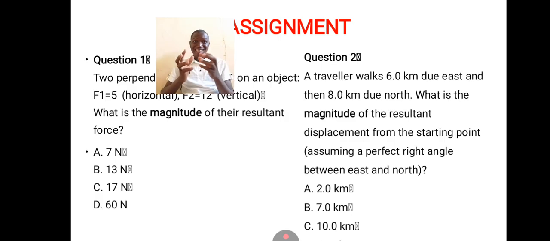They may decide to use north and south, east and west. That's why I just want you to understand the principle. Once you get the principle, finished. I hope this is clear. Thank you. So these are the first two questions for the assignment. Get the values, work them out, pick your correct answer, and I will hear from you.